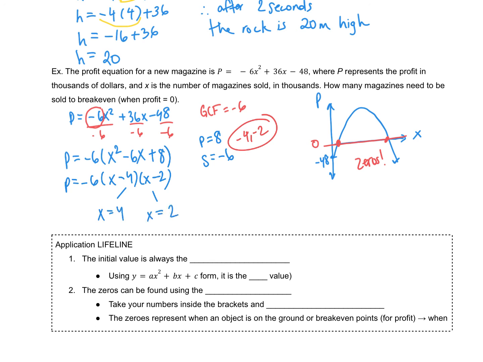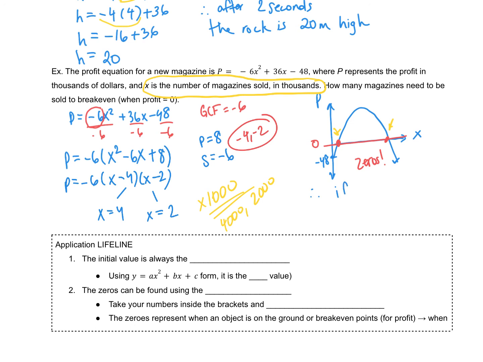That does not mean that if you sell 2 magazines or 4 magazines, you're breaking even. And the reason is we have to read carefully here. X is the number of magazines sold in thousands. So we have to multiply both of these by 1,000 to actually get the number of magazines. So 4,000 magazines or 2,000 magazines would be our zeros.